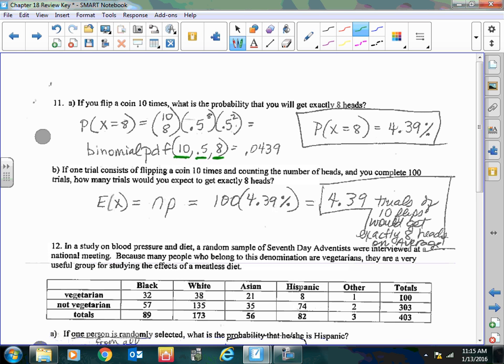If you don't know how to do part A, but you think you might know how to do part B in a problem, you can make up an answer that's plausible or reasonable in part A. Show no work, just put n equals 5% or whatever you want to put.